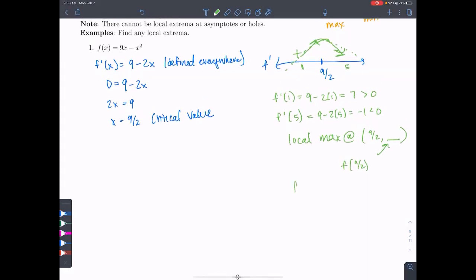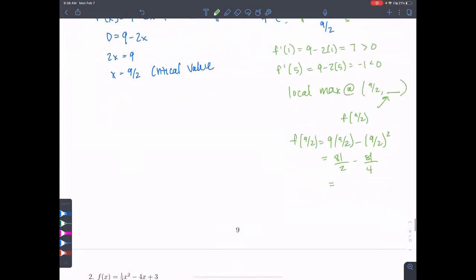So f of 9/2 is 9 times 9/2 minus 9/2 squared, gross. But 81 over 2 minus 81 over 4. So that's going to be 81 over 4.